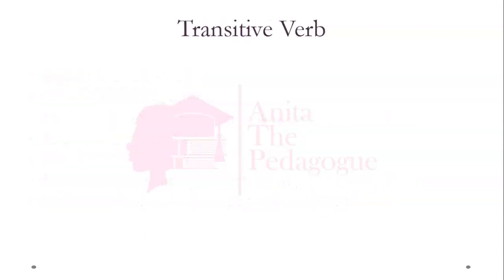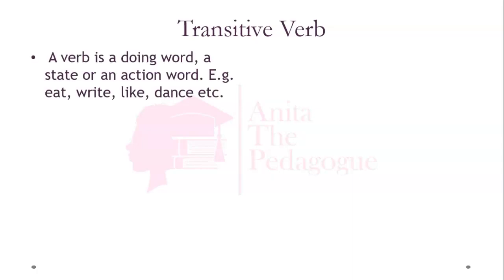Now let's begin. Transitive verb. So usually when we talk about a verb, it is a doing word, a state, or an action. Some examples are eat, write, like, dance, etc. Now, what is a transitive verb?